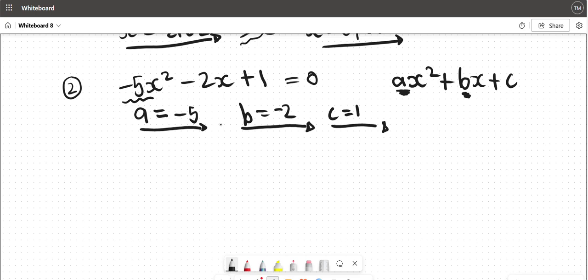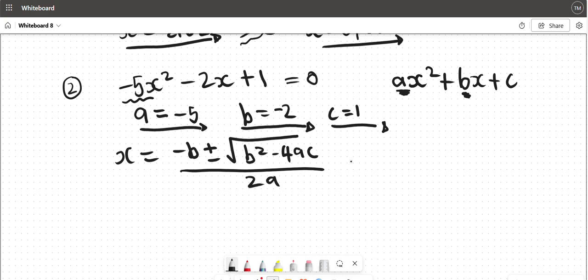So what I will do is use my quadratic formula. I show the formula first every single time, and then I substitute into that same formula. I show it on my page so that my examiner can see exactly what I'm doing.